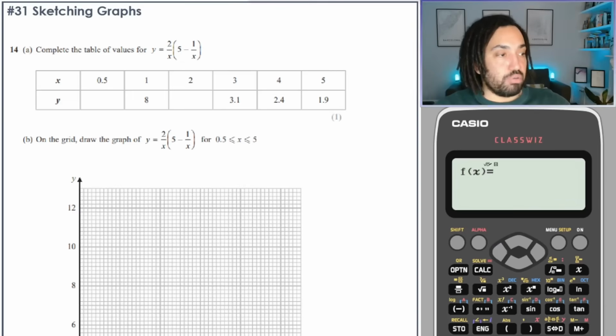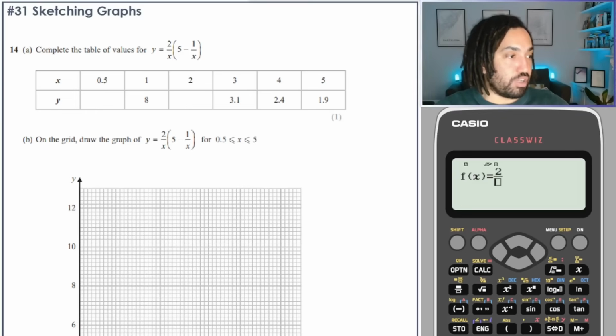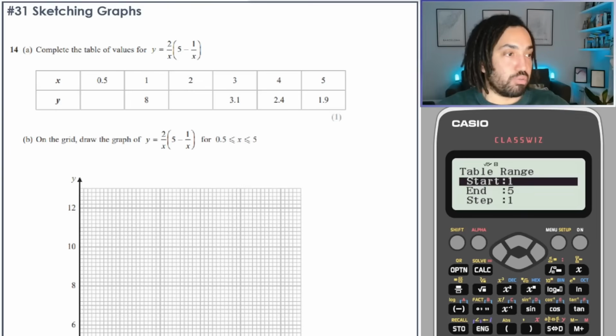So we go to the table function, and then we do 2 over, we press alpha and this button here, which is above the right bracket, and that gives me the x. And then we open a bracket and do 5 minus 1 over, again press alpha, x, and that to me looks like the function. We don't need a second function, so we just press equals.